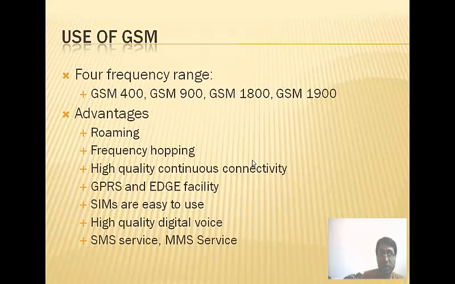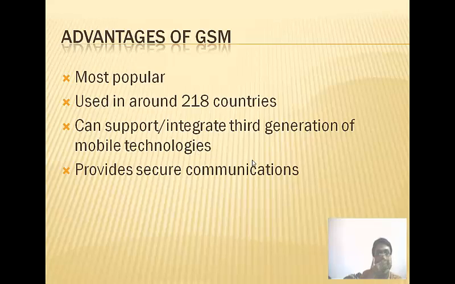SIMs are easy to use, with high quality digital voice. They can provide SMS and MMS service. With MMS, you can attach files and pictures. GSM is the most popular cellular phone technology, used in around 218 countries. It can support integration of third generation mobile technologies as of now, and it can provide secure communications.